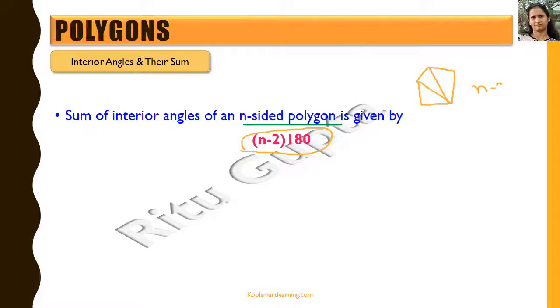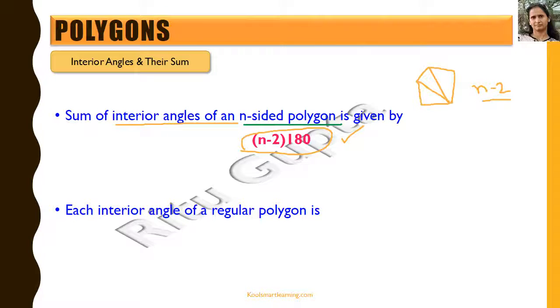For a pentagon it is 3 triangles added together. For a hexagon we will have 4 triangles combined together to form this figure. And we know that the sum of the angles of each triangle is 180 degrees. So we multiply (n minus 2) with 180, and that is how we arrive at the formula for finding the sum of interior angles of an n-sided polygon.